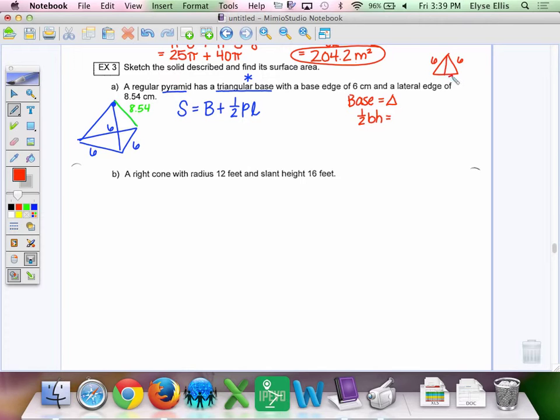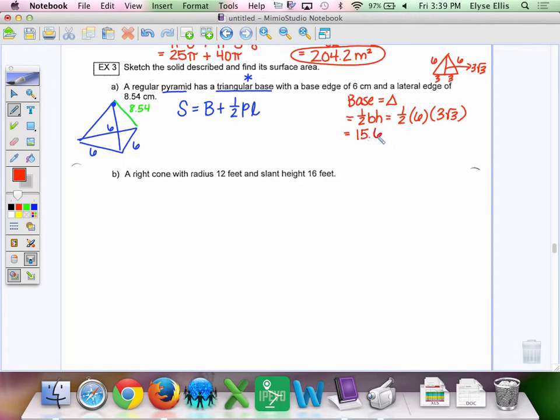I'm just going to sketch a little picture over here to the right. Okay, this is 6 by 6. If I cut that in half, I get little halfsies of 3s. And then that height in the middle, we said on Friday, it's always going to be your short leg followed by radical 3. So to find the area of my triangle, I'm going to have 1/2 base of 6, height of 3 radical 3.